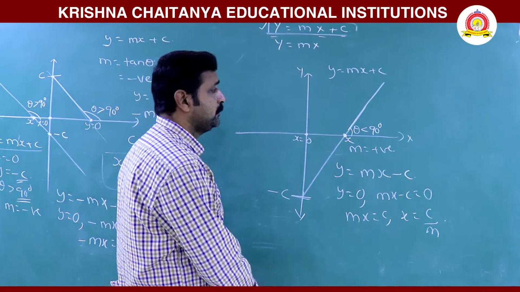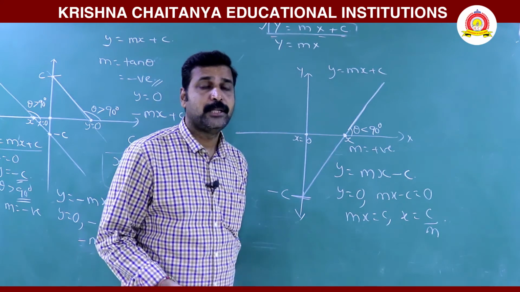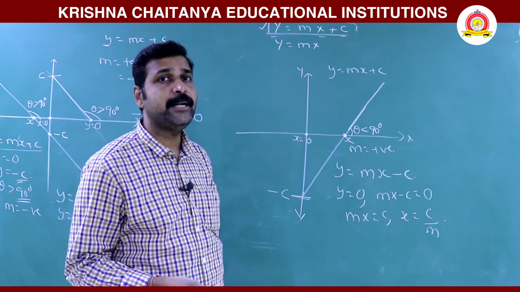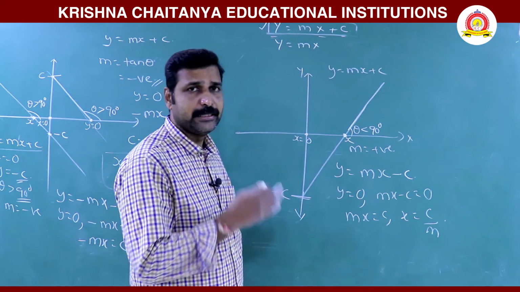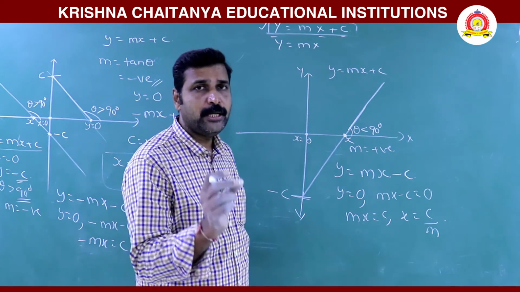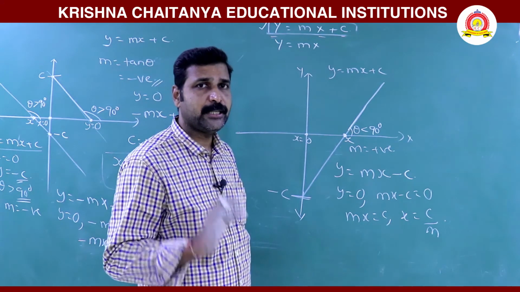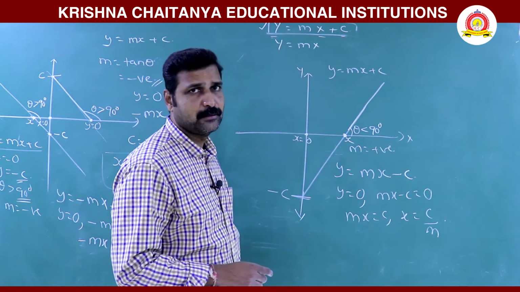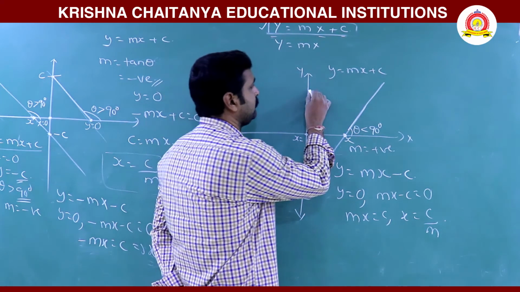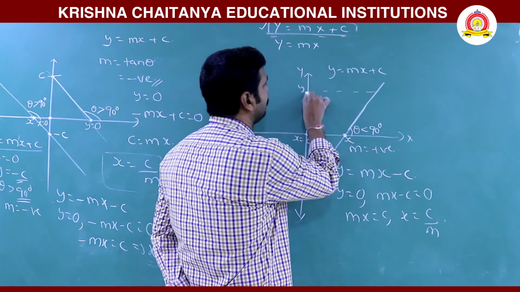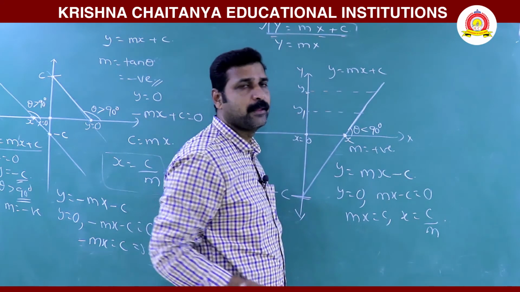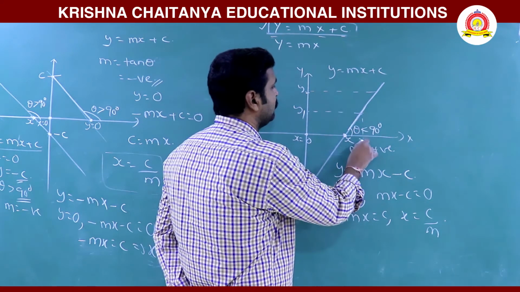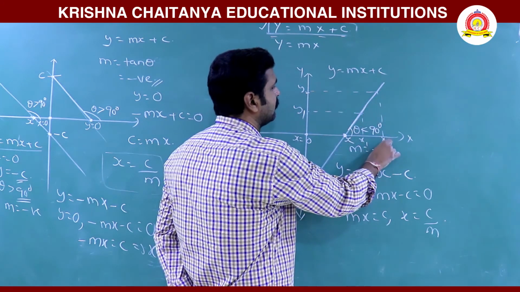Here, if m is positive, your doubt may be: if theta was not given and only coordinates are given, then how to write? No problem. If theta is not given, only the y coordinates and x coordinates are given, then first of all find y2 and y1, then x1, x2.